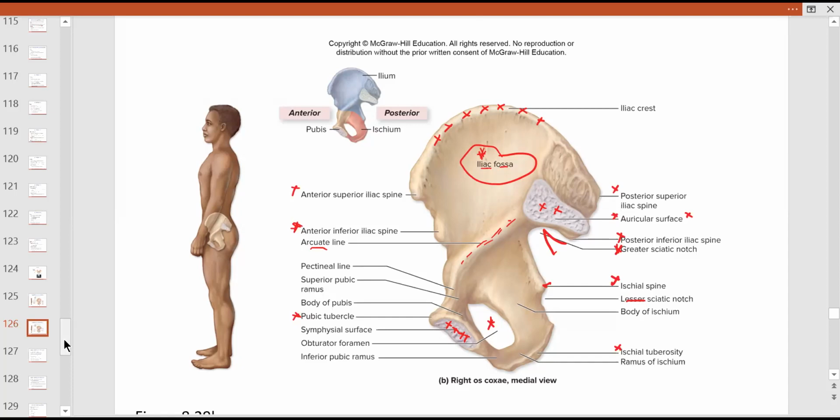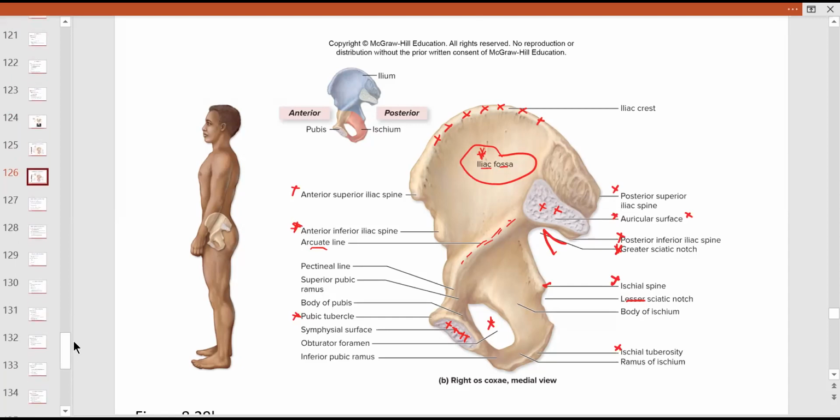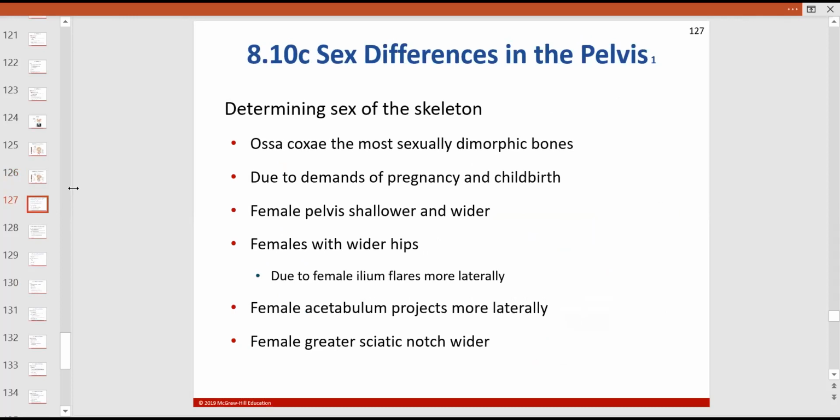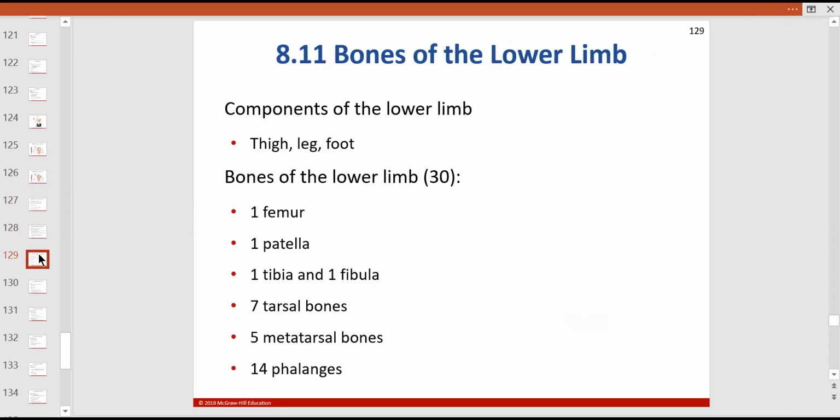I'm not going to harp on it if it's not in your checklist, but I'm going to ask you acetabulum, I'm going to ask you obturator foramen, I'm going to ask you greater sciatic notch. I'm going to ask you iliac crest for sure. Can't ask everything because this is all the bones and all the muscles in one test, which makes it even harder for you. All right, sex difference we went over last time, and now the lower limb.